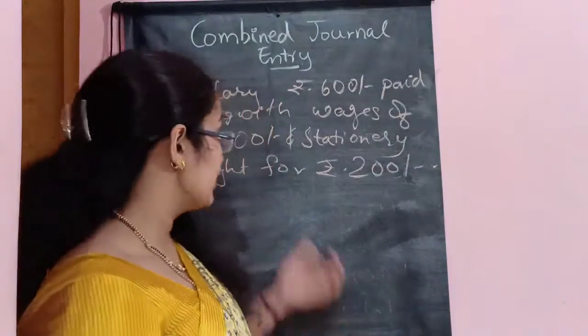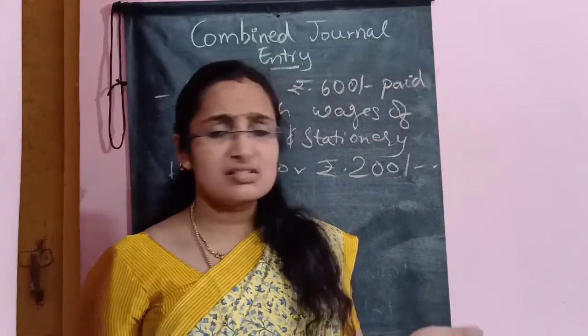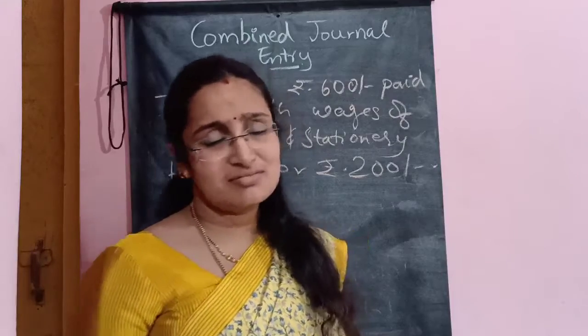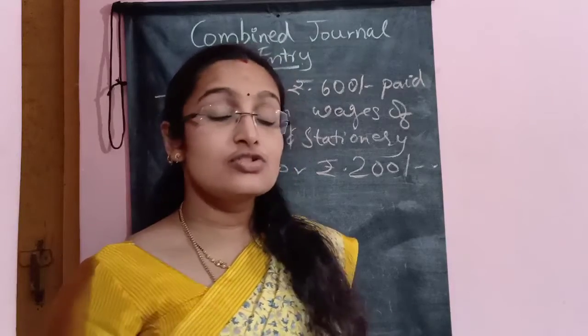In the similar way, in the third one, the stationery is bought, maybe pencil, books and whatnot, stapler. These kind of objects when bought, they are the expense for the firm, for the business. So stationery expense account debit to cash. Cash is going. So these three journal entries have cash account as a common, that too in credit one. Even if one was credit and the other one was debit, we can write a combined journal entry.